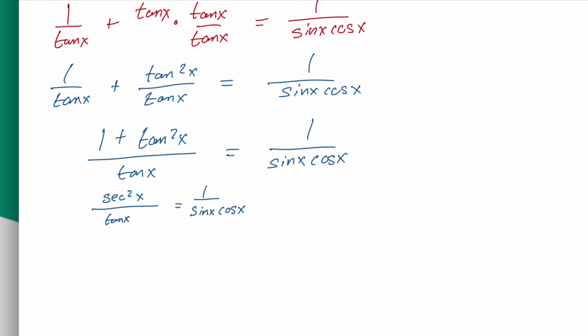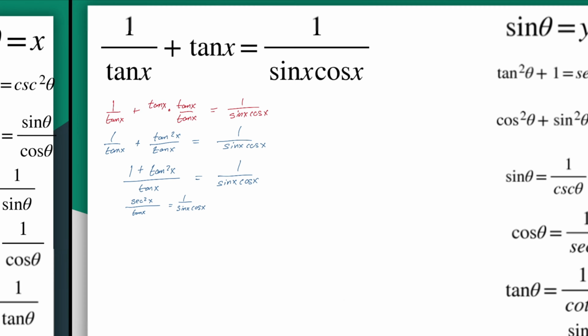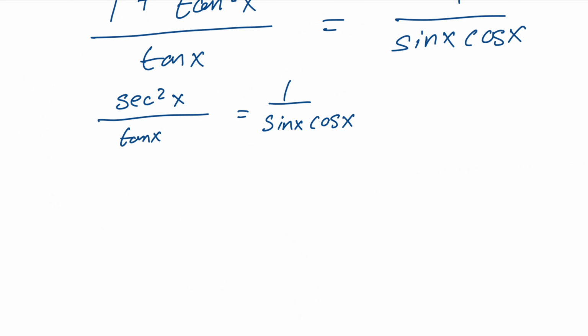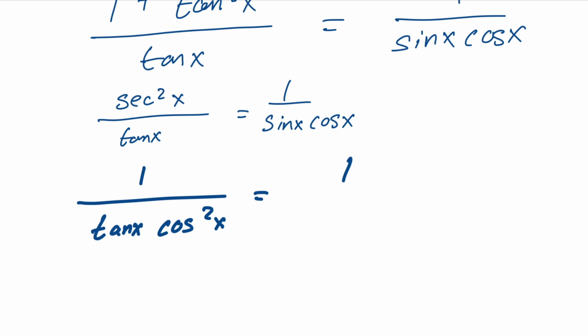Okay, so we would get this, and then we also said that we could rewrite that as 1 over cosine x. It is squared, so it would be 1 over tan x times 1 over cosine squared x is equal to 1 over sine x cosine x, okay?